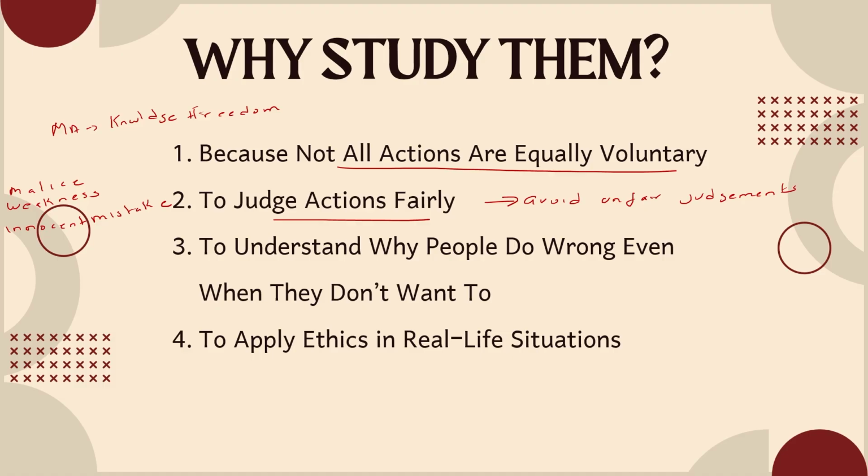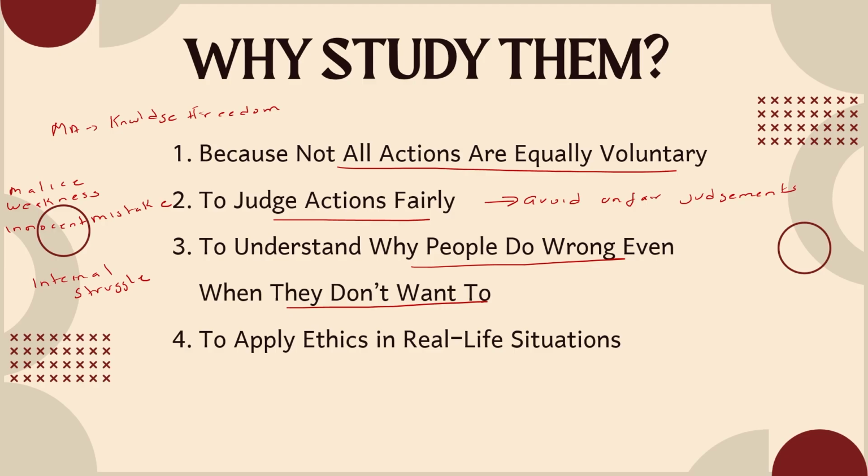Next, we study them to understand why people do wrong even when they don't want to. Modifiers help explain the internal struggles of human behavior, and what is propelling people to do wrong.